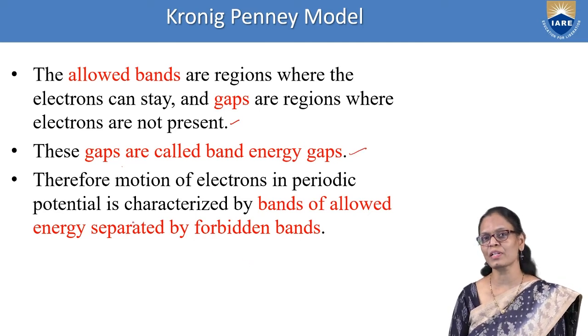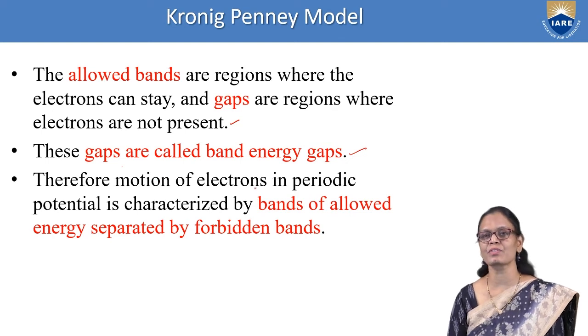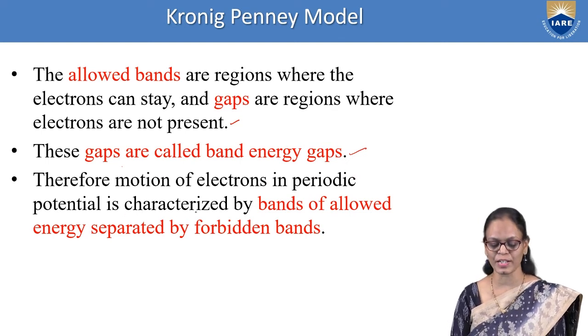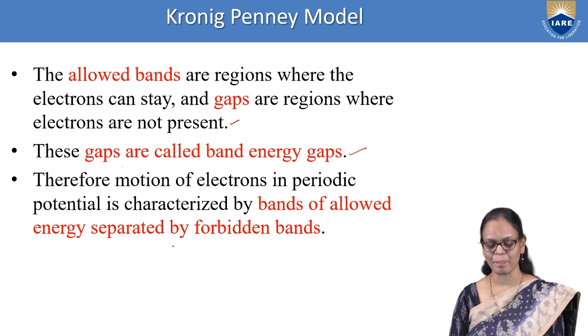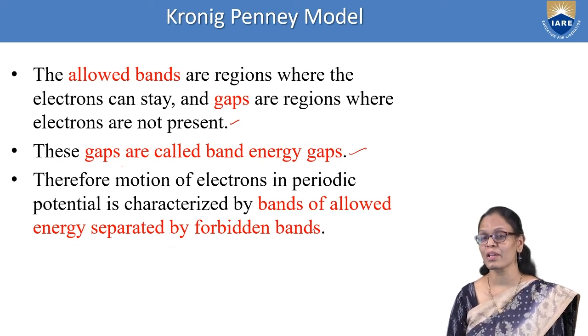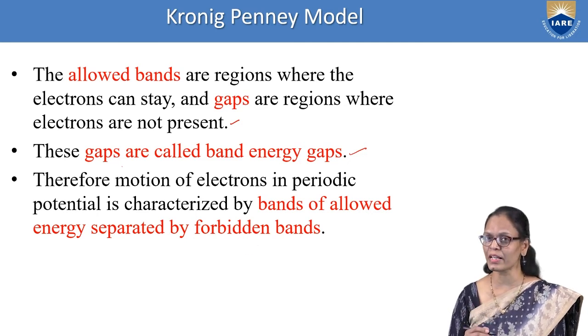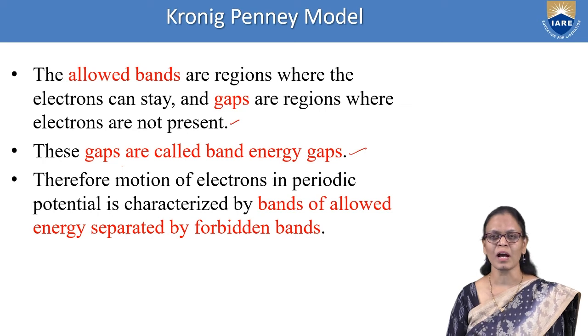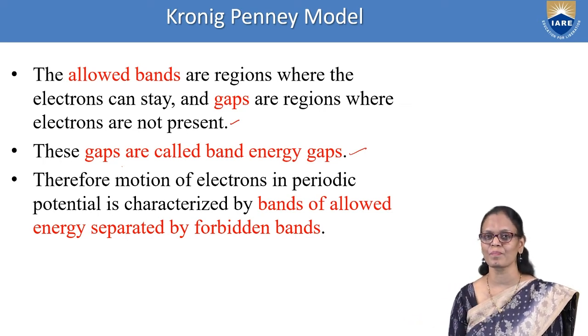Now, what is happening to the electron? The motion of the electron in a periodic potential is characterized by bands of allowed energy separated by forbidden bands. There is a restriction on the movement of the electron. There are certain regions where the electron can move, and there are certain bands where it is forbidden. It cannot go there.